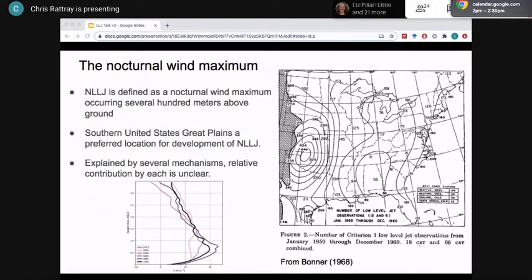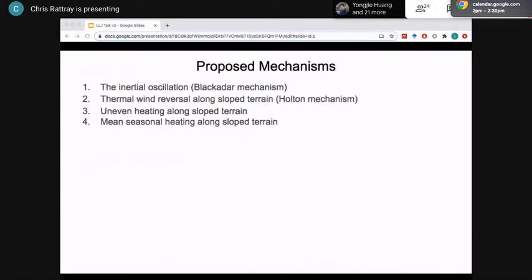Several mechanisms have been proposed to explain this maximum in occurrences. There's still debate around the contributions from each of the mechanisms. However, the slope has been identified as a key factor in why this particular area is favorable.